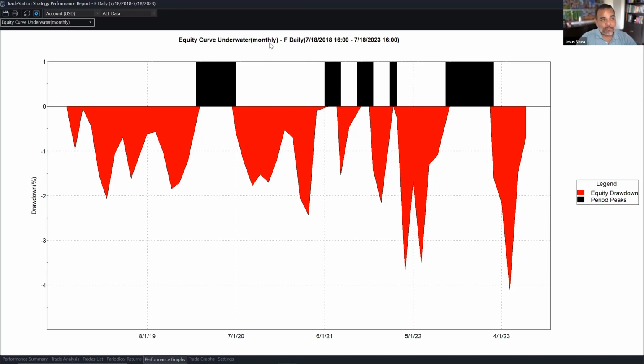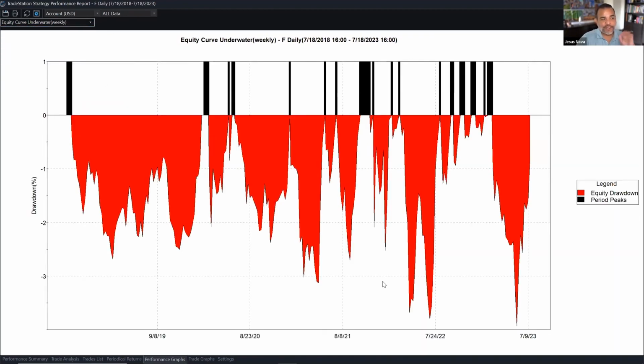Now, this is on a monthly period. If you go here to the dropdown, we can do it on a weekly, which gives us a little bit more detail as to where our peaks are and how much drawdown there was. So, for example, take a look at right here. At one point, if we hover over here, our equity was 11,871.